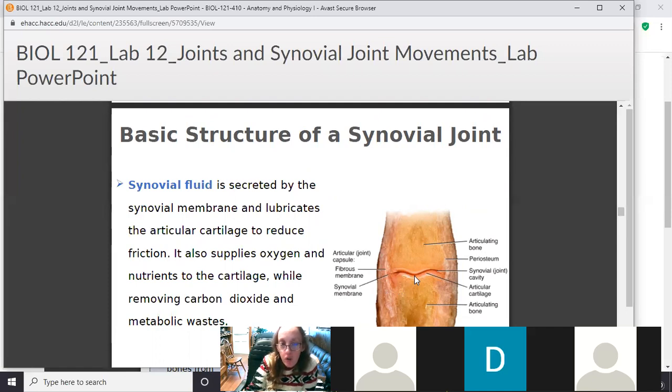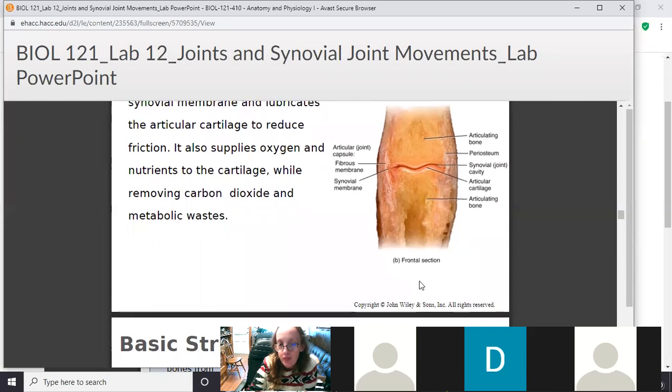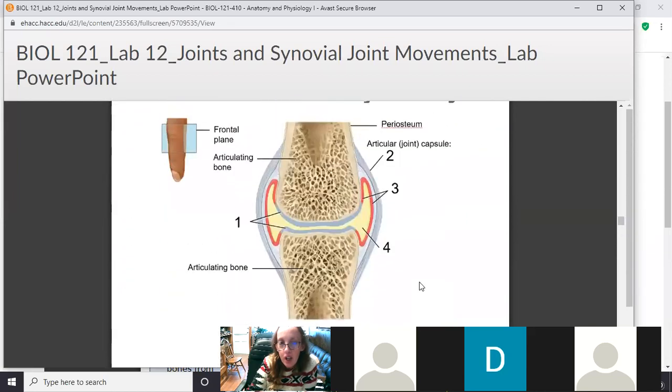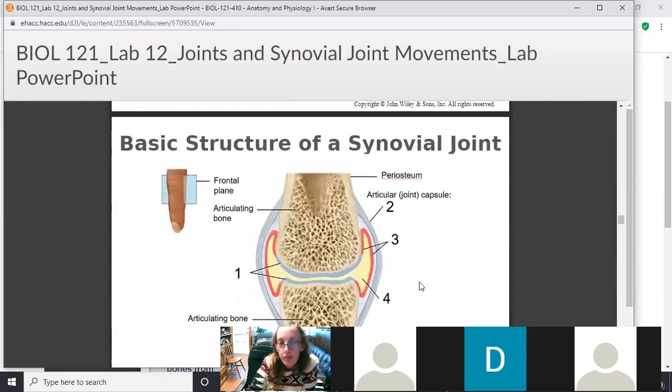It also supplies oxygen and nutrients to the cartilage while removing carbon dioxide and metabolic waste. Periosteum, fibrous membrane, synovial membrane, synovial fluid, hyaline cartilage.